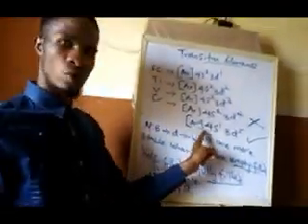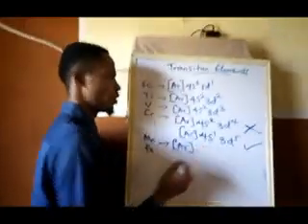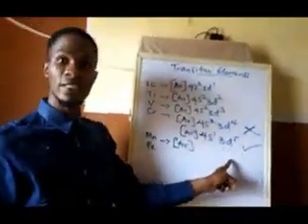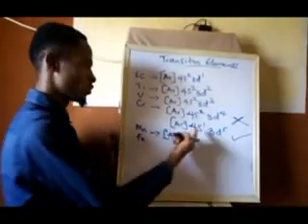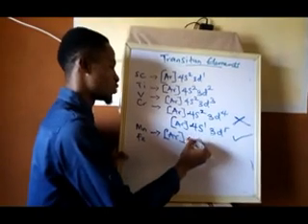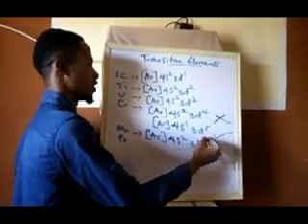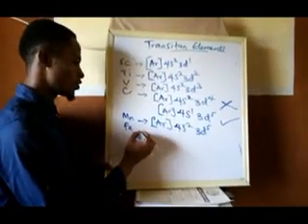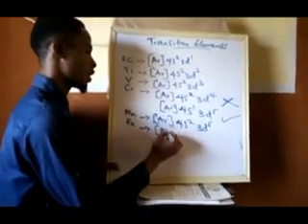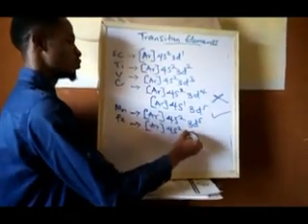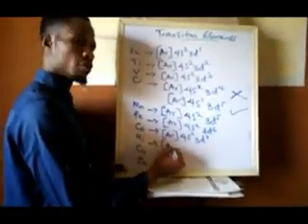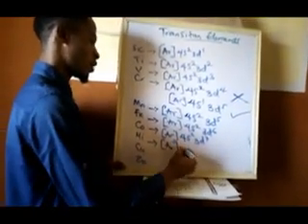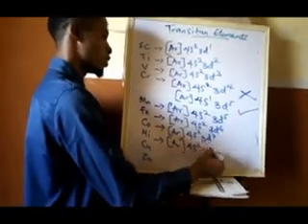So this is the configuration for chromium. Manganese will now be Ar. Manganese will not take 4s1 3d6. In order to attain stability as well, the s orbital is occupied by 2 first, then we have 3d5. Therefore, manganese and chromium are both stable. Then, considering the next being iron, we have Ar 4s2 3d6, and nickel becomes Ar 4s2 3d8.